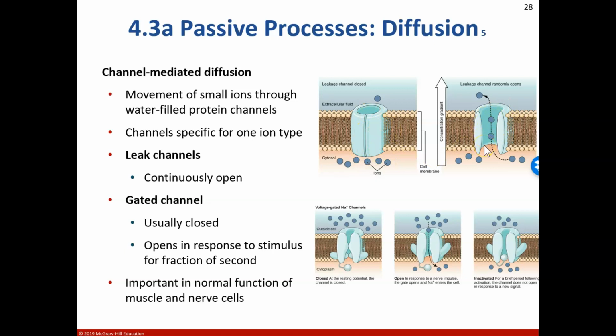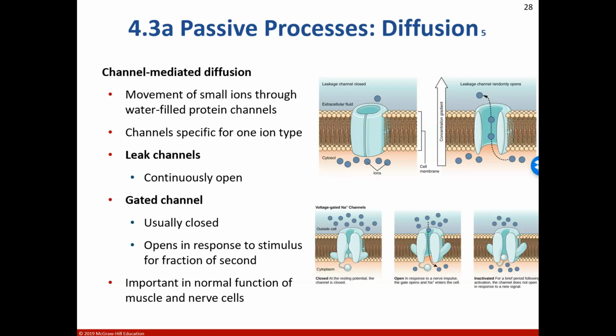Our leakage channels are going to be continuously open, so we would be able to move from an area of high concentration to low concentration, no problem. Other times we will have gated channels, such as this voltage-gated sodium channel. These are typically closed, and the only time that they will open is in response to a stimulus for a fraction of a second.